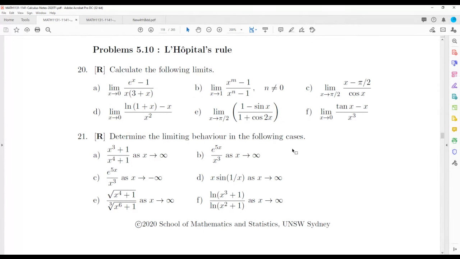Let me share my document camera with you. All right, here we go. This is question 20 from chapter 5. And the idea is to apply L'Hopital's rule.